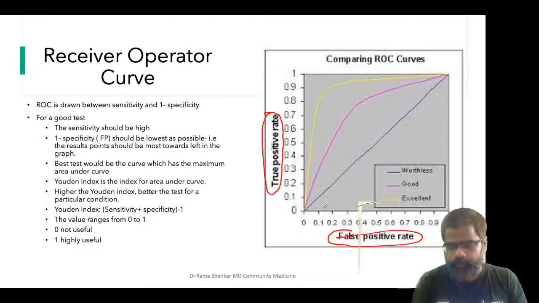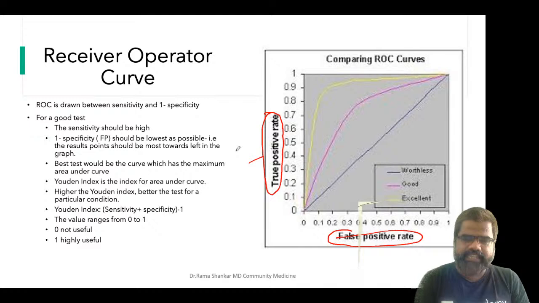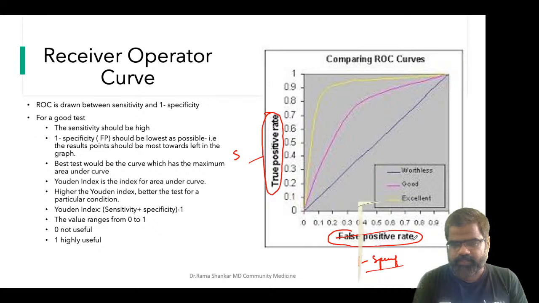So what do you want, students? Sensitivity? False positive, can I say 1 minus specificity? Same thing, no? 1 minus specificity gives you false positive, and sensitivity is true positive rate. So what do you want? You want your false positive to be less and definitely your true positive to be more.